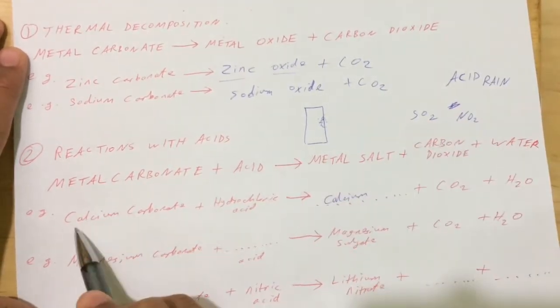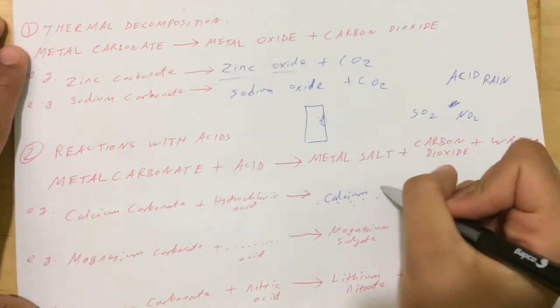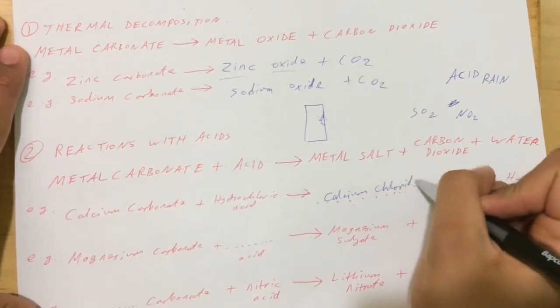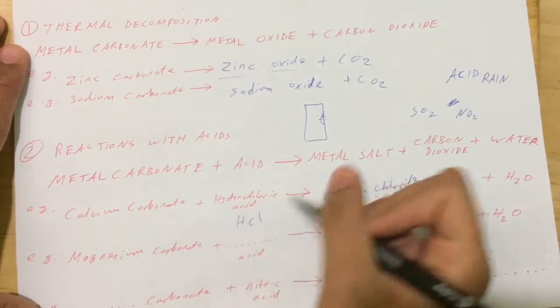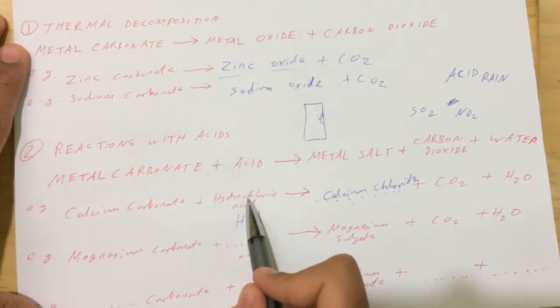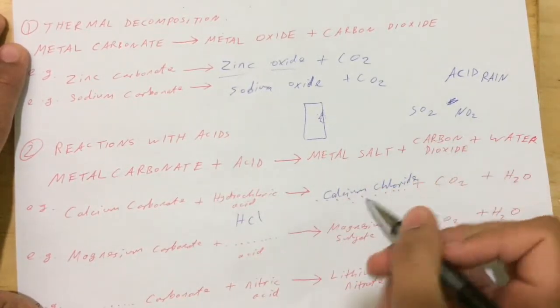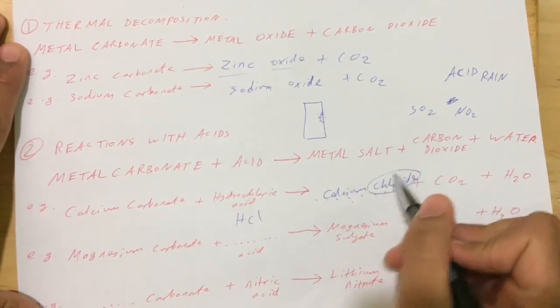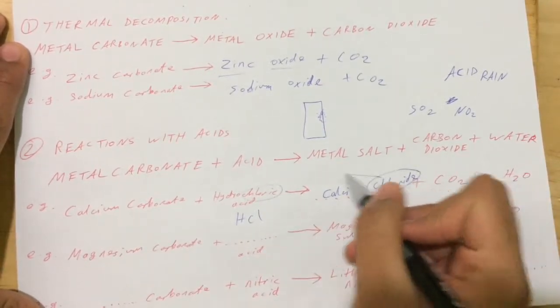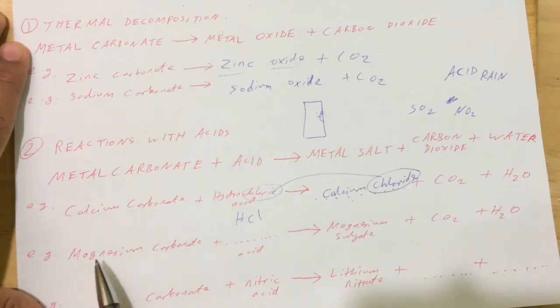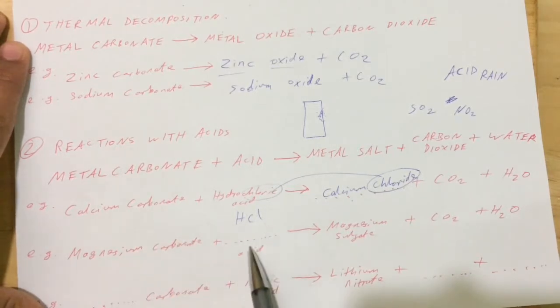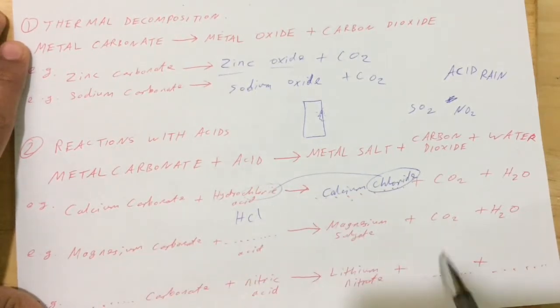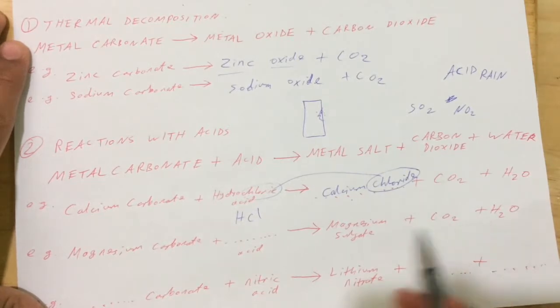The name goes first, calcium chloride. Hydrochloric acid, when reacted with something else, gives you a chloride. Magnesium carbonate reacts with an acid to give you magnesium sulfate and obviously carbon dioxide and water.